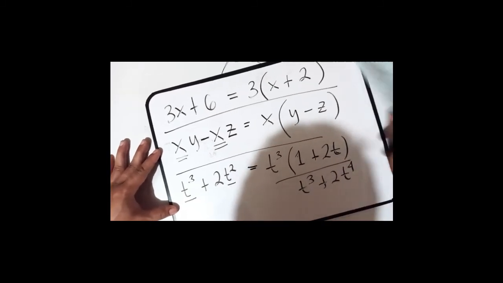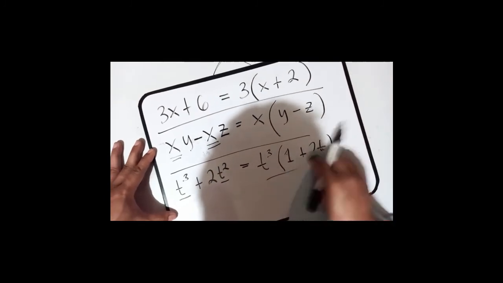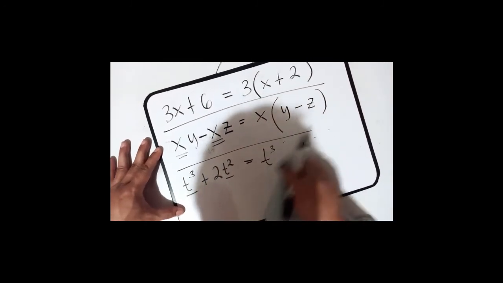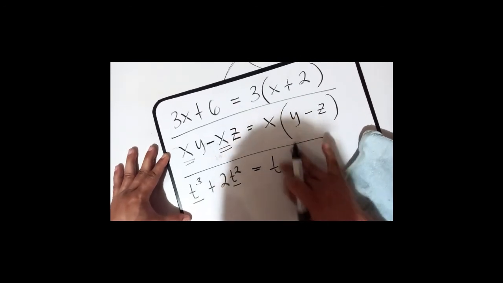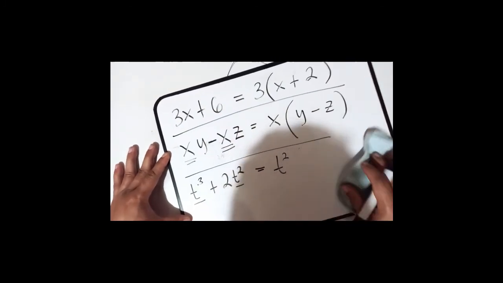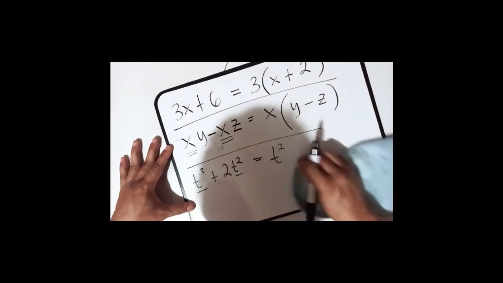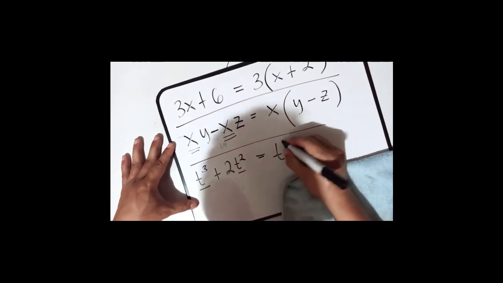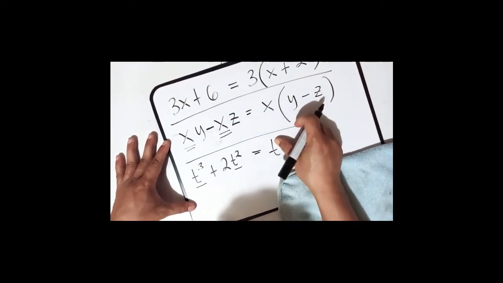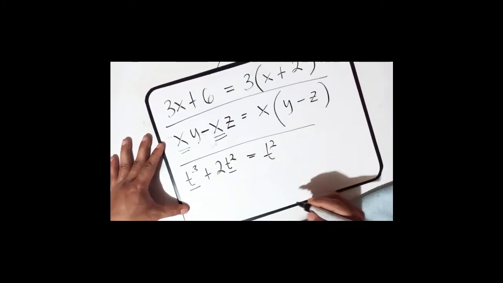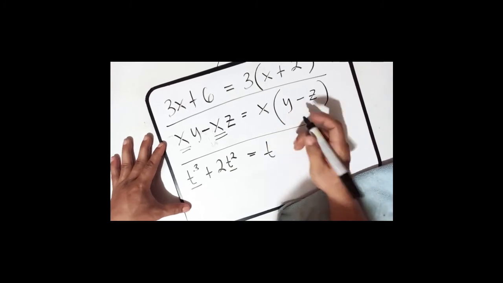So this is incorrect. So t cubed is not common to both terms. So let's try t squared. Okay, t squared.